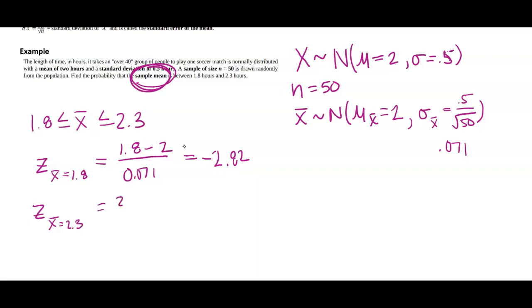All right, a sample mean of 2.3. How far away is that? 0.3 divided by 0.071. It's very far. This is approximately 100%. It's going to be like 0.999 something.